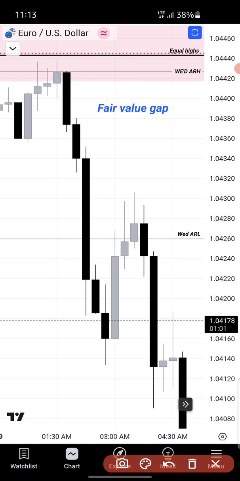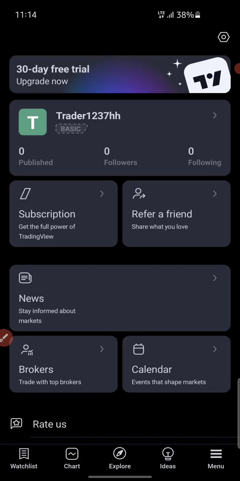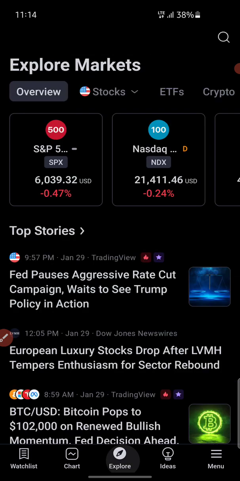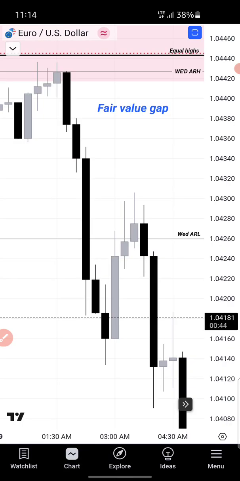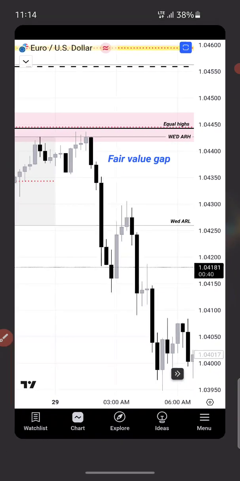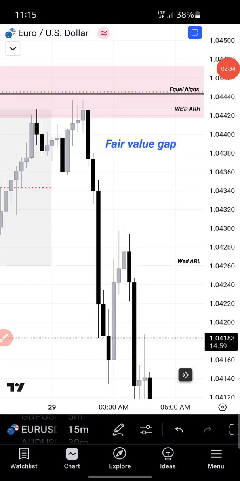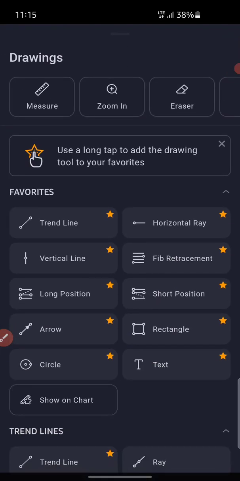Every time you see the first, the second, and the third candle, all you need to do is take a tool here, which is called the rectangle tool.